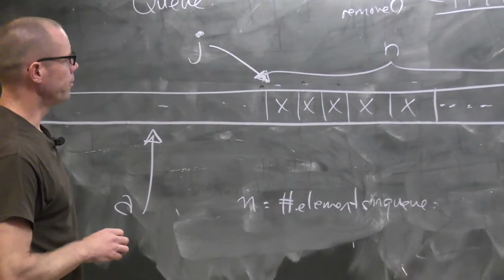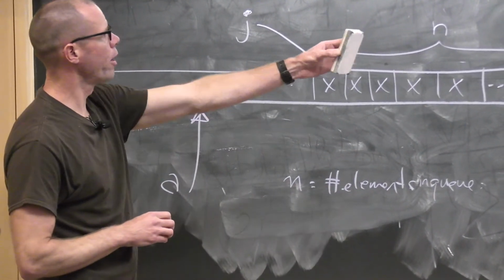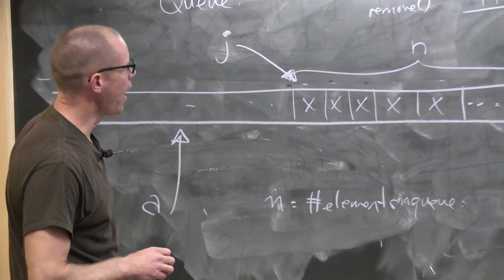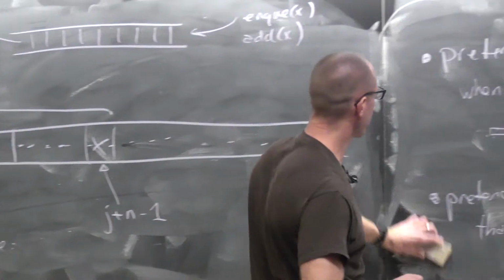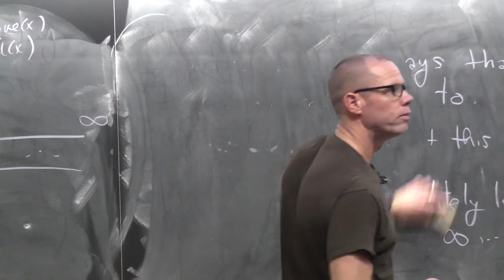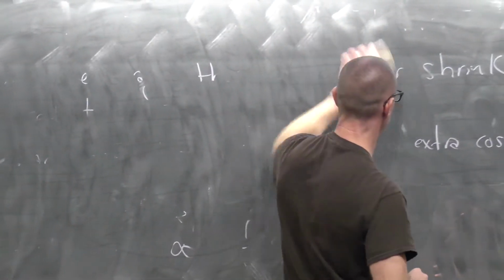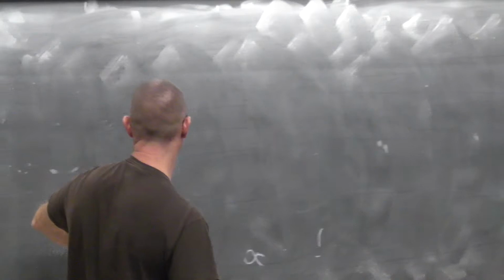All right. So two operations I want to support. Add and remove. Adding something at this end. How does that work? Yep.